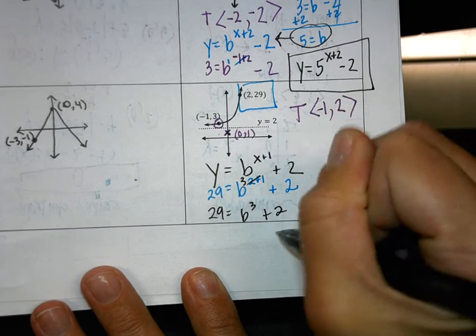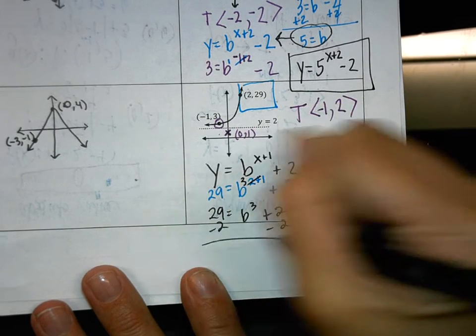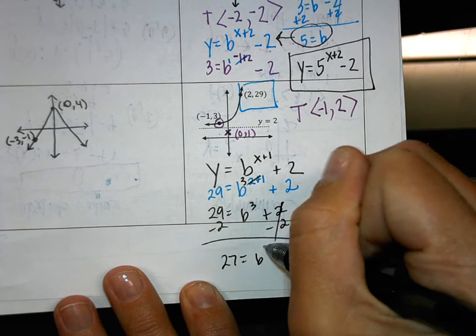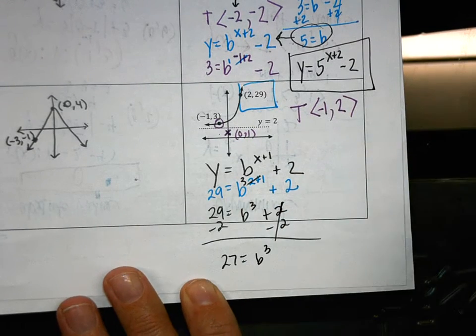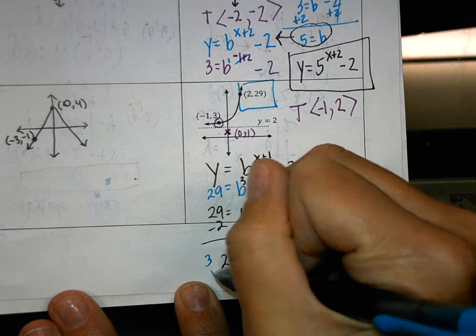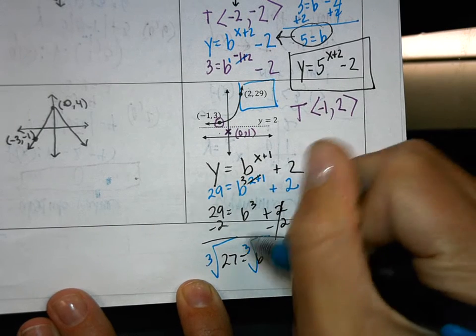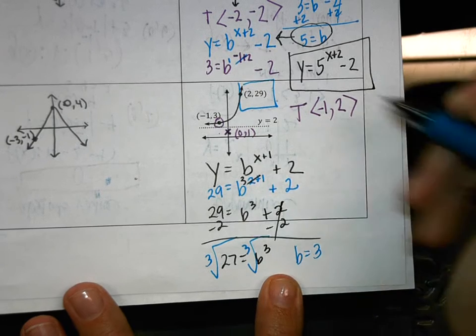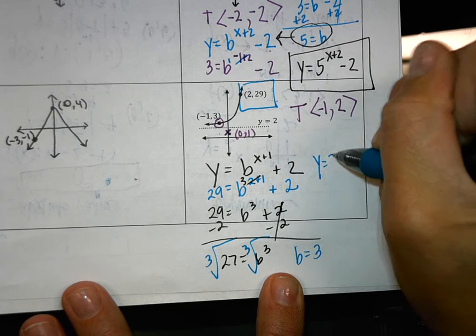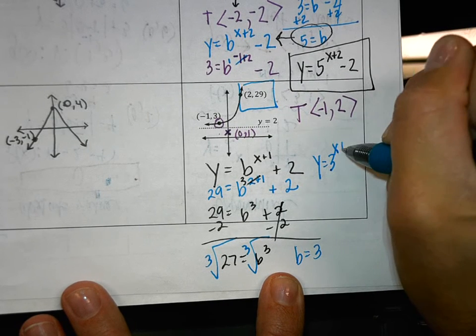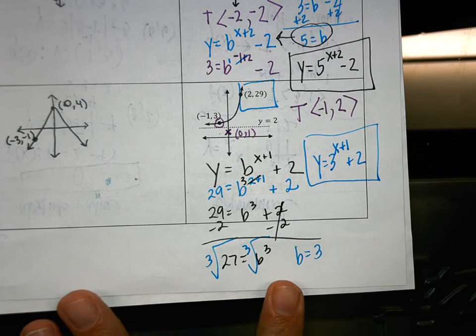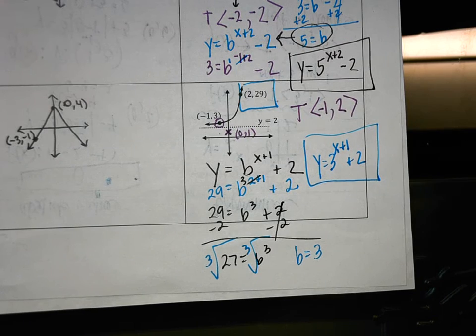I subtract 2 from both sides. 27 equals b to the third, and then my last step would be what? Very good. Take the cube root because this is b to the third, and you get b equals 3. And so my equation is y equals 3 to the x plus 1 plus 2. Any questions? Okay.